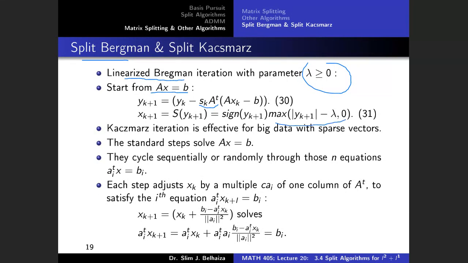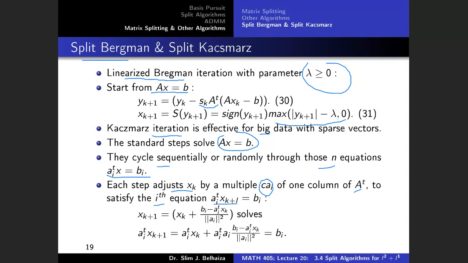And the Kaczmarz iteration, the counterpart, is an effective method used for big data with sparse vectors. It starts also by solving Ax equals b, and it cycles sequentially or randomly through the n equations of Ax equals b, those written as ai transpose x equals bi. And at each step, as you've seen probably from the homework, each iteration adjusts xk by a multiple of one column ai to satisfy the ith equation ai transpose x(k+1) equals bi.